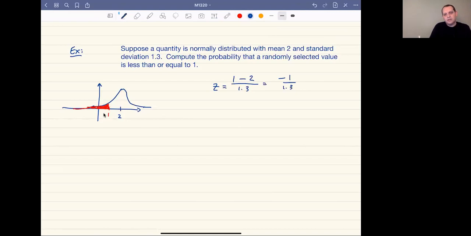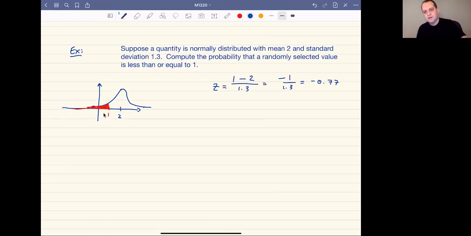Let's think about what that is. There are numerous ways that we could calculate it. Let me just get out my calculator from high school. It's really my calculator from high school, by the way. And 1 divided by 1.3 is 0.77, so this is negative 0.77. I just want this to 2 decimal places, and I'll explain why.